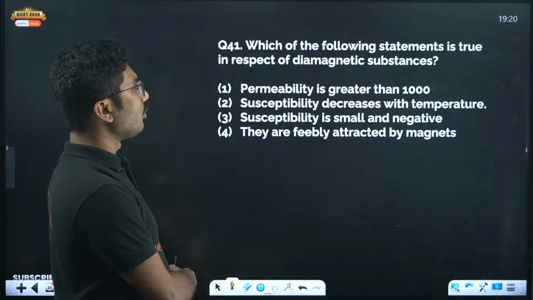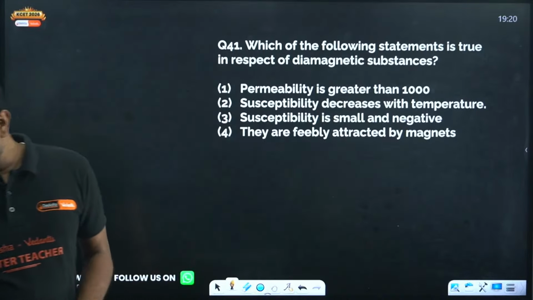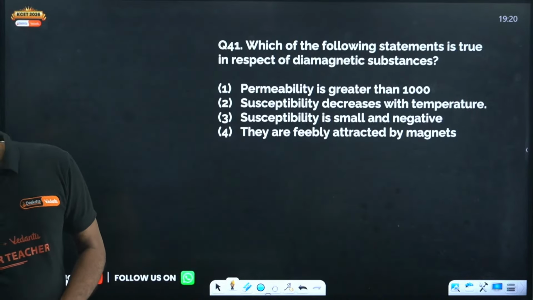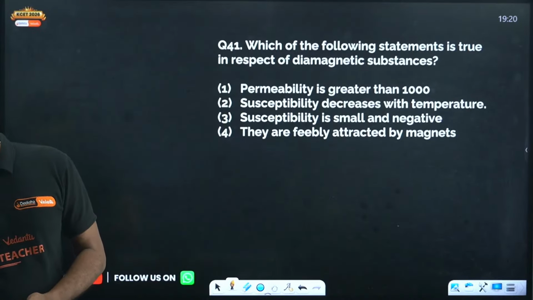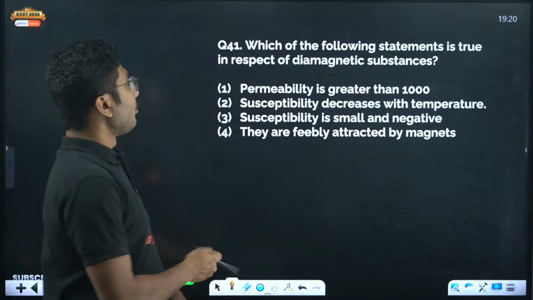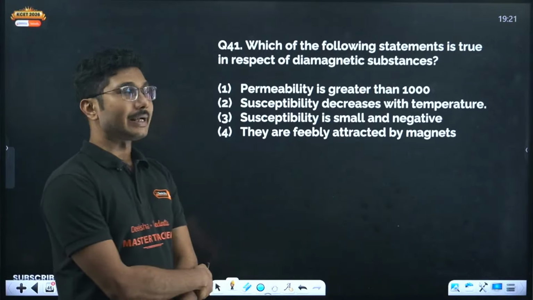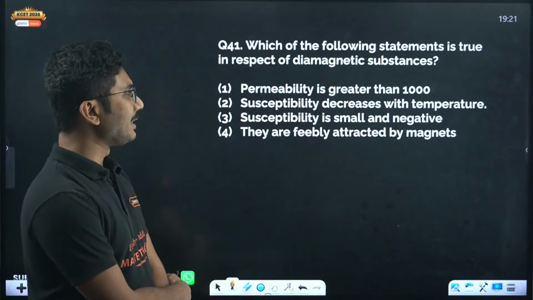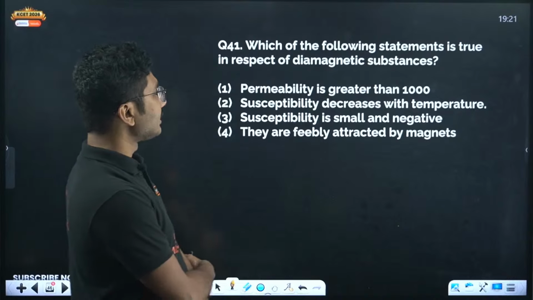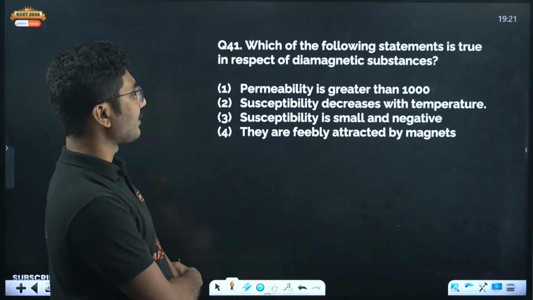Which of the following statements is true in respect of diamagnetic substance? Permeability is greater than 1000, susceptibility decreases with temperature, susceptibility is small and negative, they are feebly attracted by magnet.